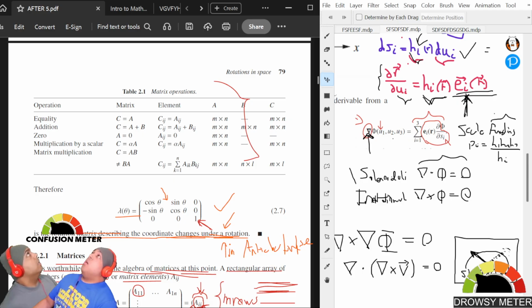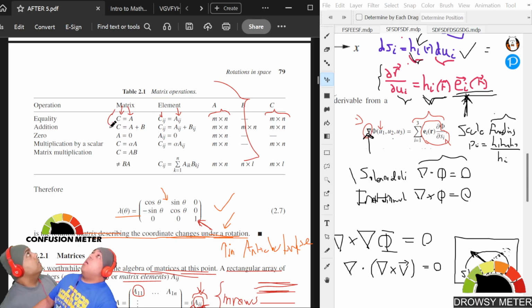Equality. If matrix C equals matrix A, then Cij equals Aij, and both A and C are m times n. Addition.